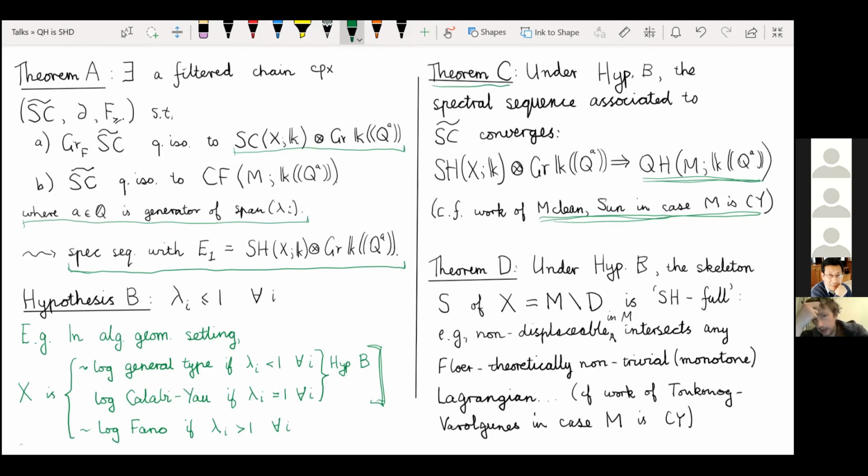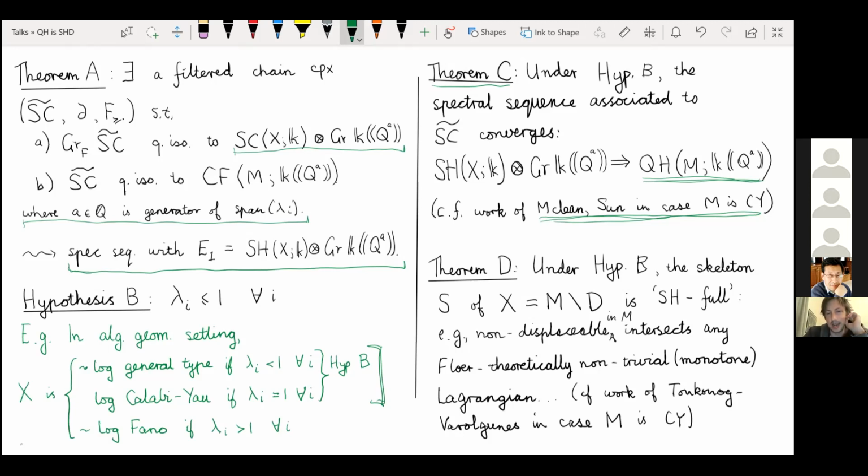And a further result is that under this same hypothesis, the skeleton of X, which I described before, is what's called SH full, which is a property that roughly means it sees all of the interesting Floer theory in M. So it's non-displaceable in M, non-displaceable by Hamiltonian isotopies.